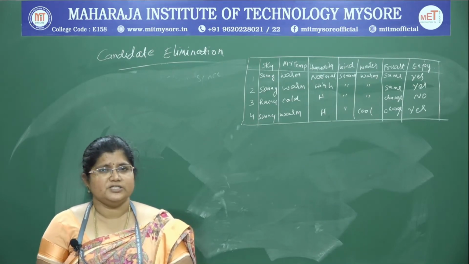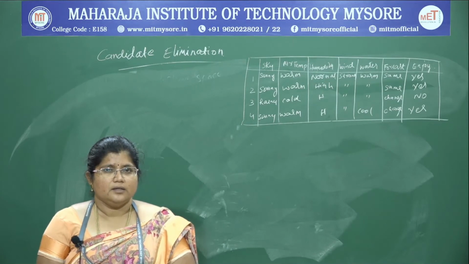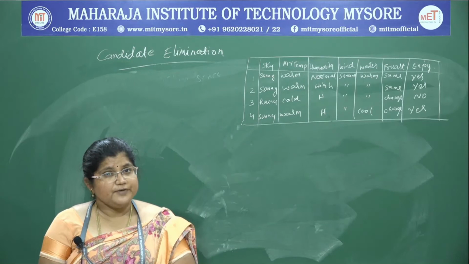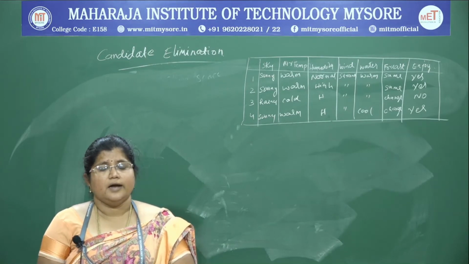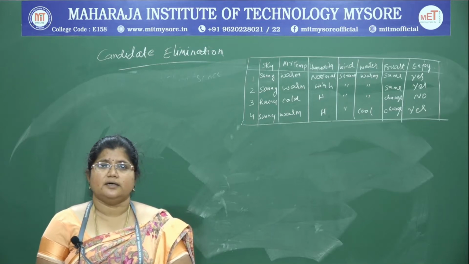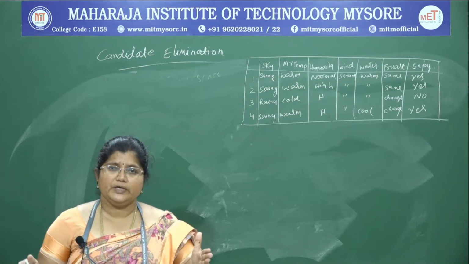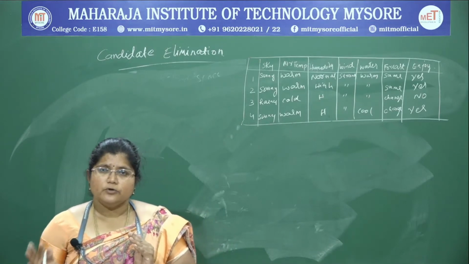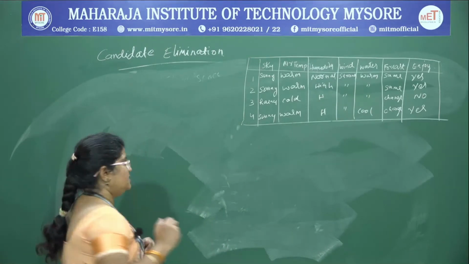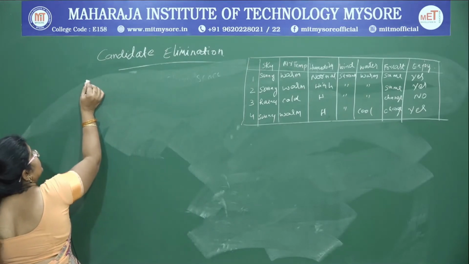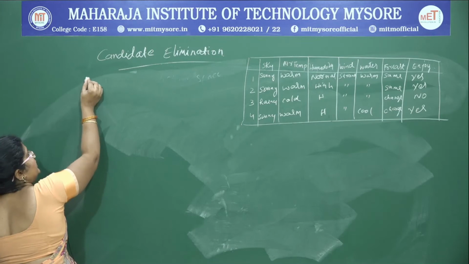The algorithm says that we should initialize the most specific hypothesis and the most general hypothesis, the boundaries of the version space. That is the first step: creating the version boundary.